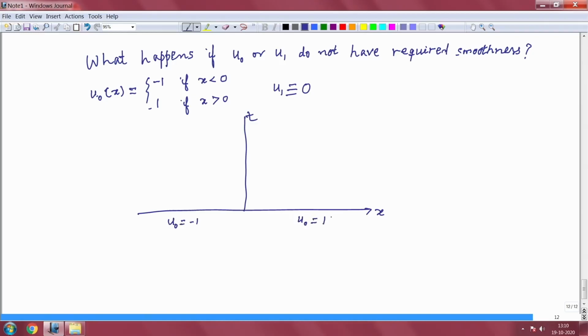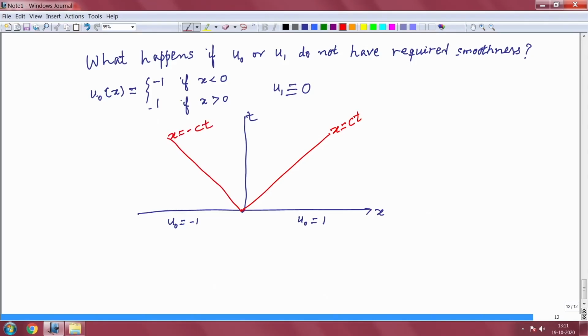So, we expect some difficulty at this origin. Let us draw the characteristics. This is the characteristic x equal to C t, and let me draw another one, x equal to -C t. They are straight lines though they do not look straight here, but okay.